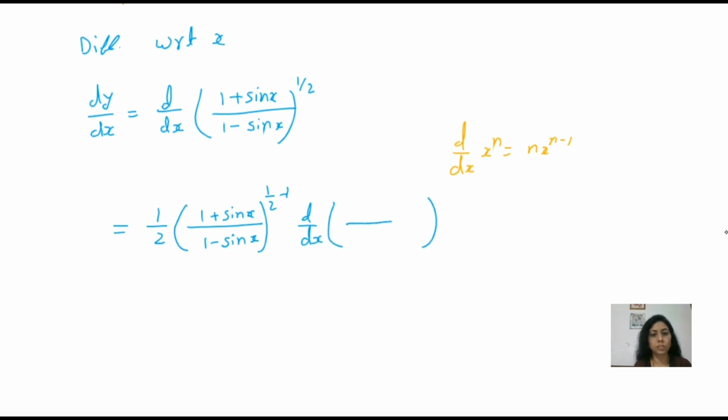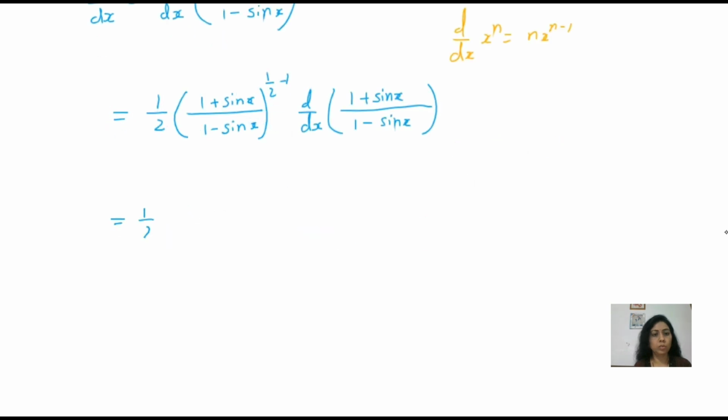It means we are using the chain rule here: 1/2 times (1 plus sin x divided by 1 minus sin x) to the power 1/2 minus 1, and here we apply the quotient rule.